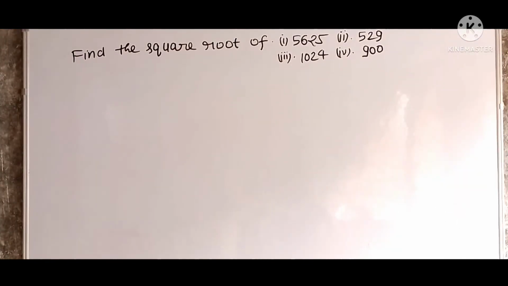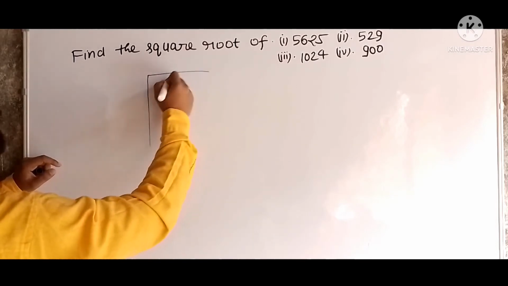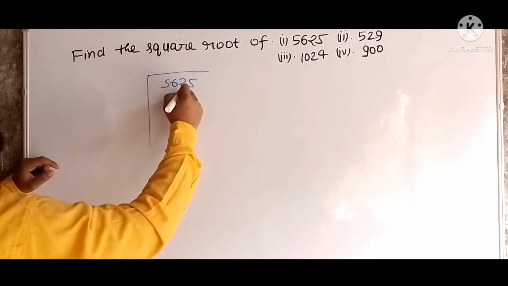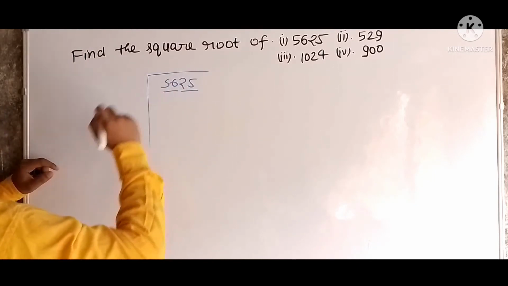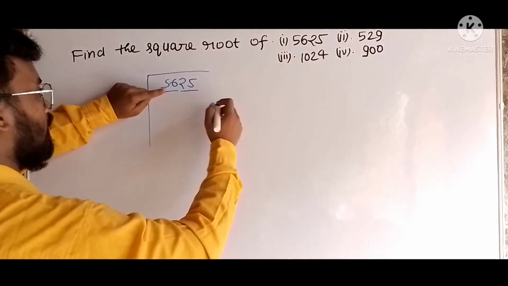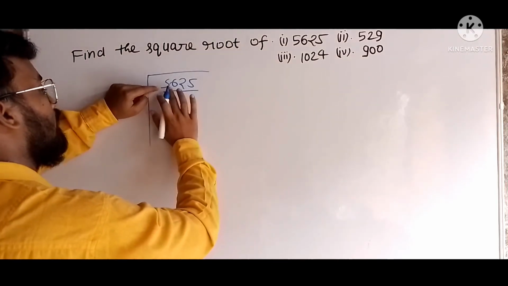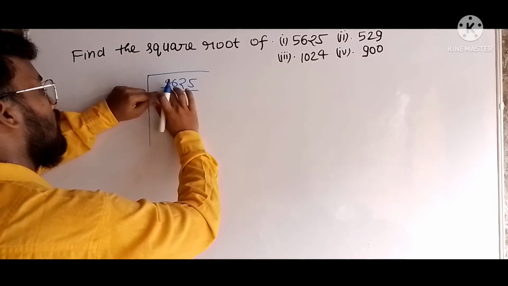Now let us discuss the square root of this number by the division method. For finding the square root of 5625 by the division method, first pair the digits. After pairing, take a number and multiply it by itself so that we don't get more than 56.